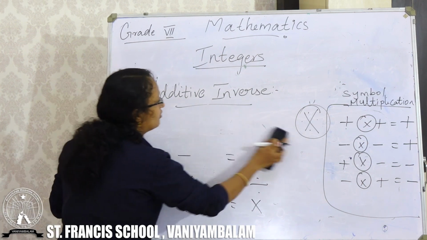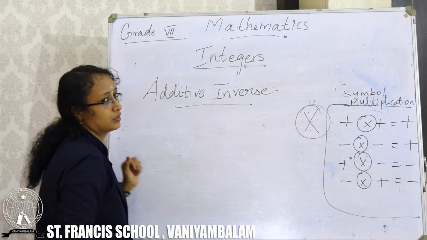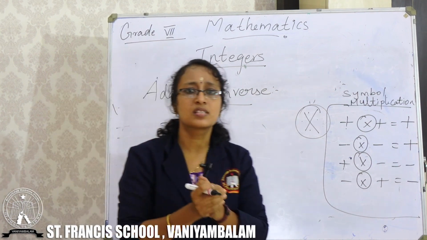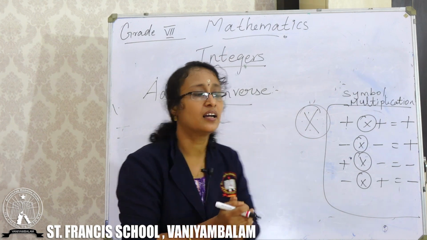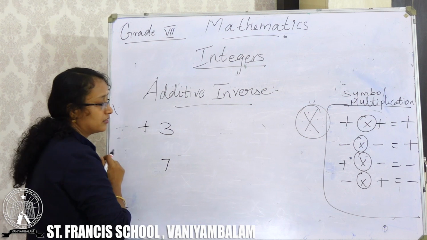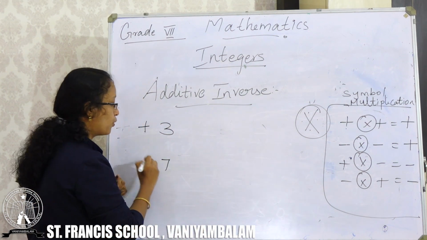So what is the inverse of addition? Suppose the number 3. If there is no symbol for any number, consider it as plus. 7, no symbol, so consider it as plus, positive sign.